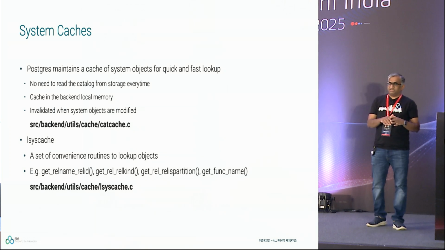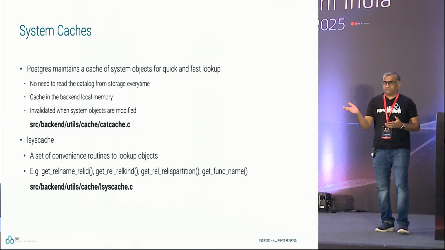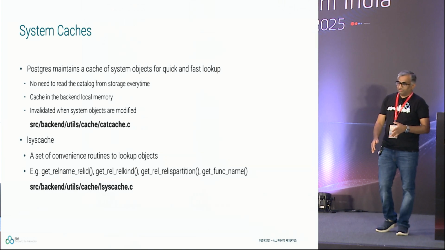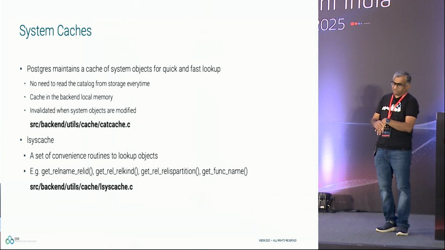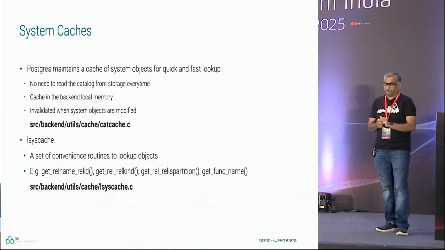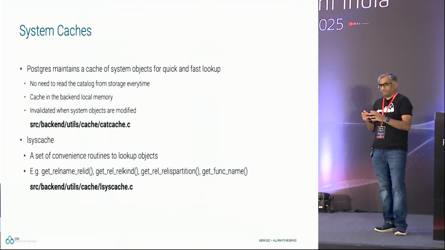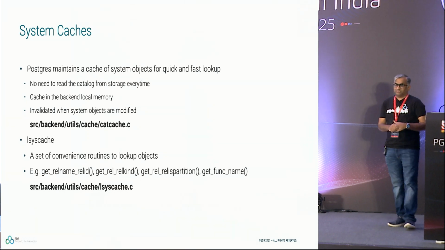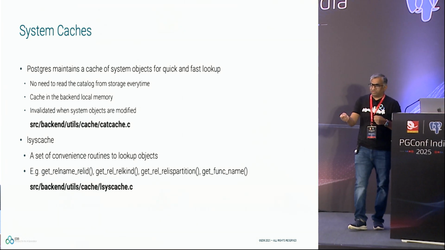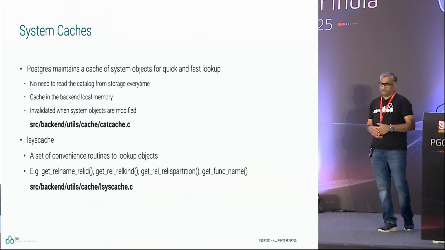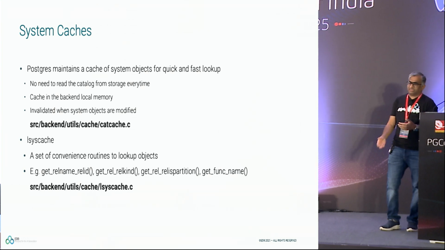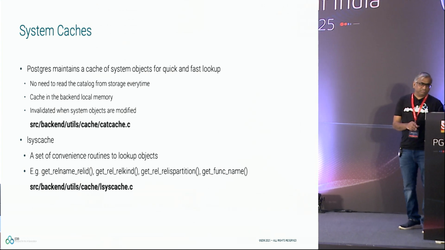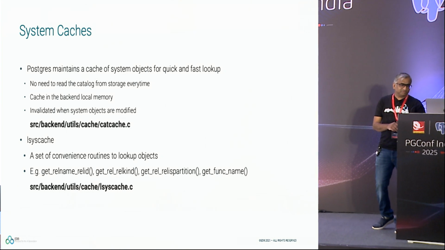All of those routines are implemented and readily available to you in the form of system caches. I would suggest that before you look anywhere else, look into catcache.c or lsyscache.c, which is a convenience wrapper over catcache, to see if the thing you are looking for is already there. I've given some examples, but there are a bunch of things there.